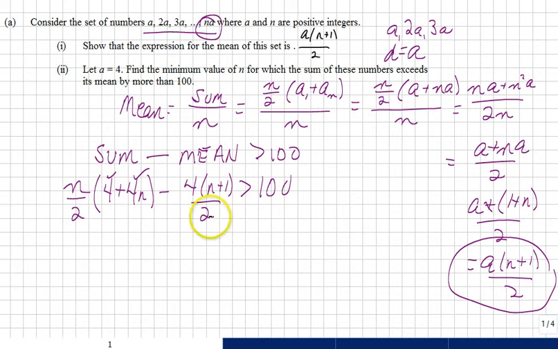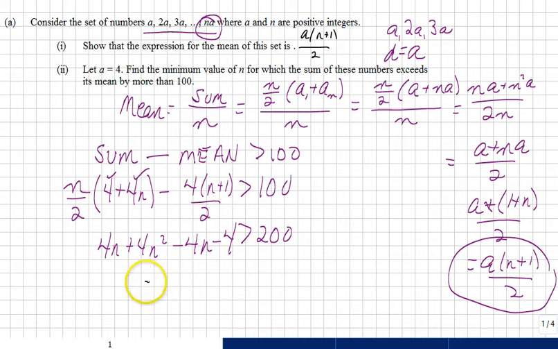Alright, at this point in time, all we have to do is solve this inequality. I'm going to multiply both sides by 2 and distribute. So in the first part of it, n times 4 is going to give me 4n plus 4n squared. I've multiplied through by 2, remember. Minus 4n minus 4, don't make that beginner mistake, is greater than 200.